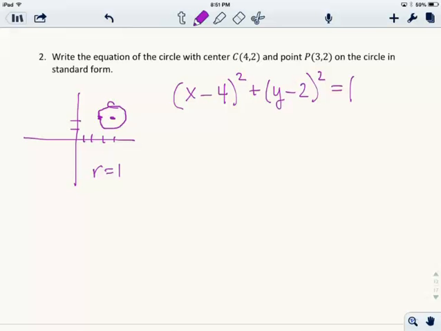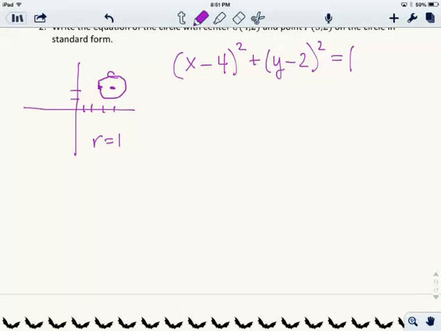Now, moving on from here, we're going to add one more example to our notes, and I'm going to call this example 3.